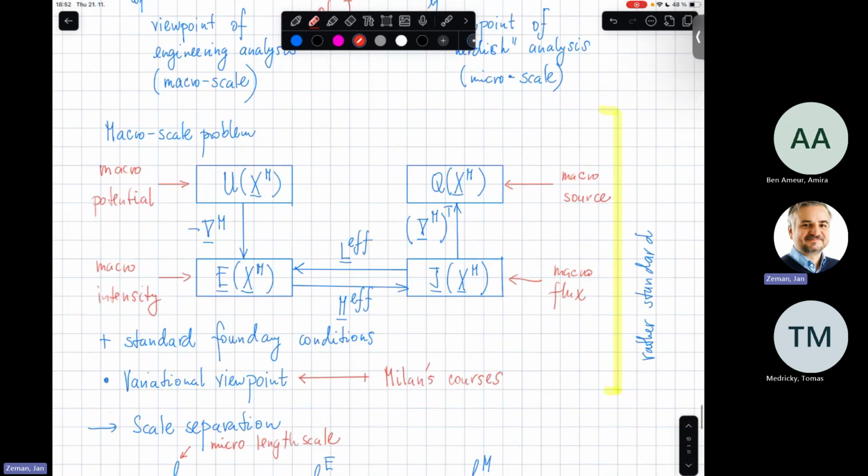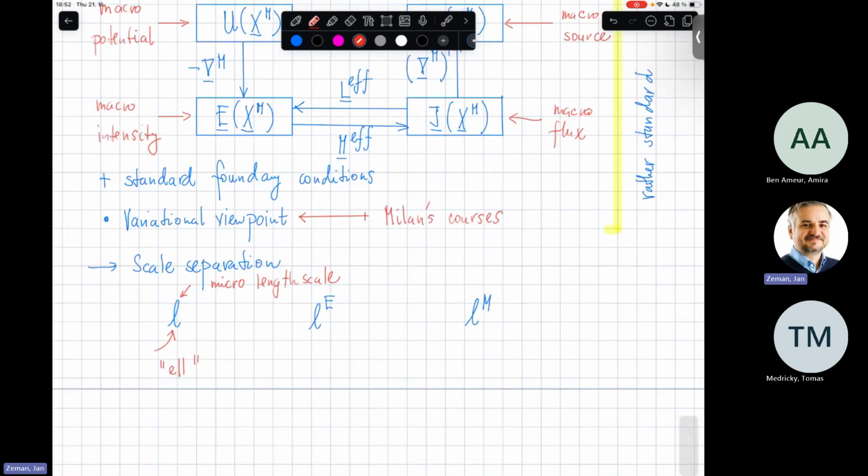So again, this LE is something which I do not know how to call, but this is just the scale of variability of macro fields.